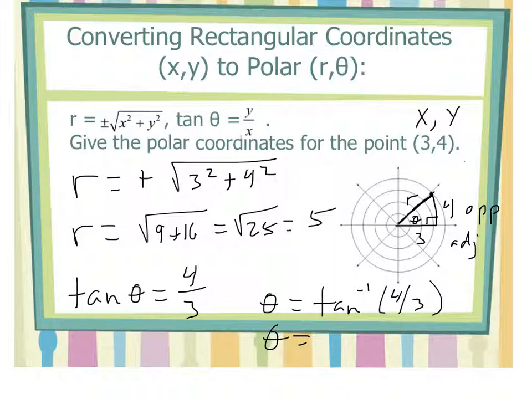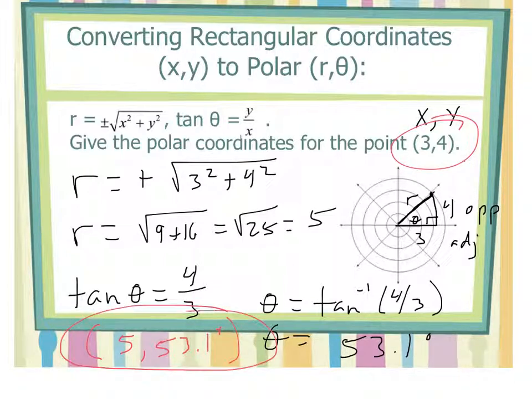And we get 53.1 degrees. Now to write that formally as a polar coordinate, it would be (5, 53.1 degrees).